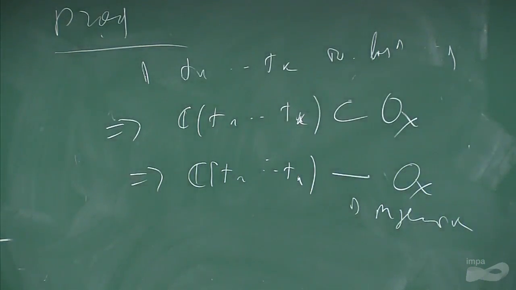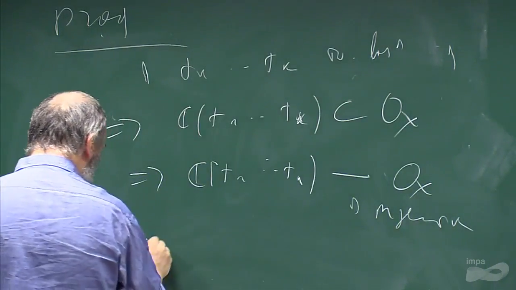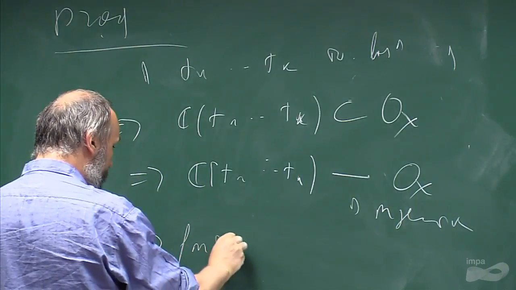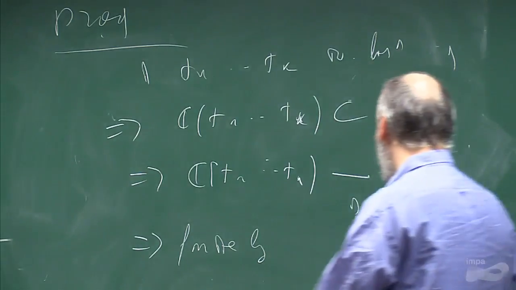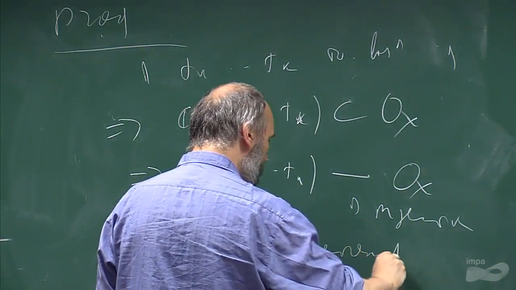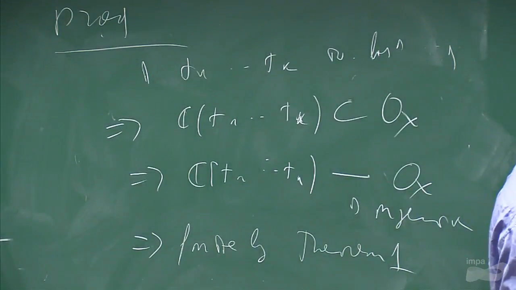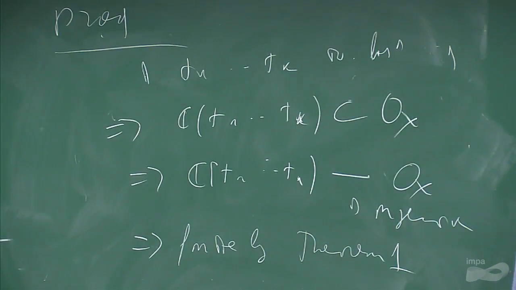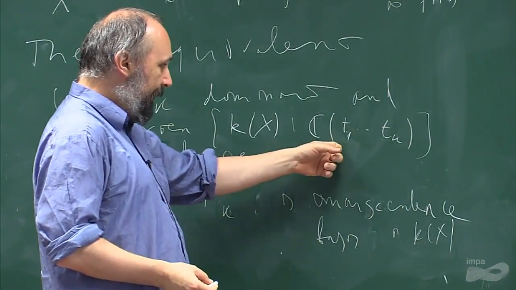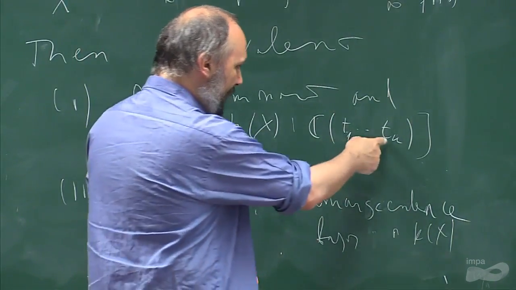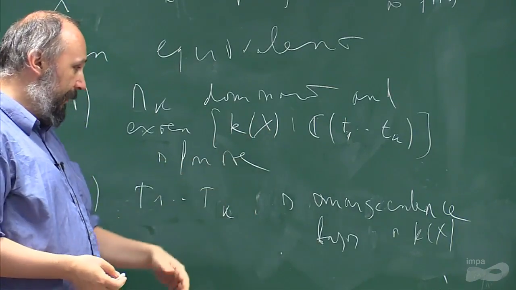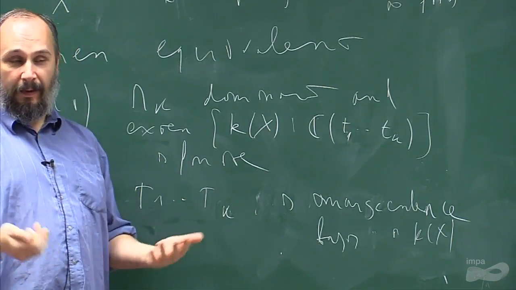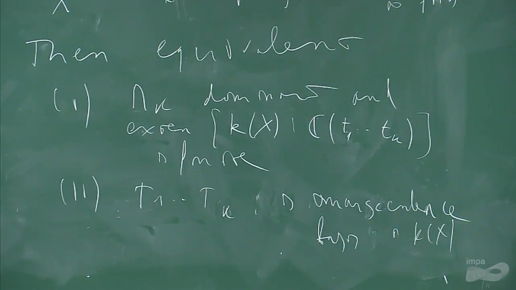This is precisely that this is dominant. And then it is finite, as we just proved, by theorem 1. So we proved that this implies this, and the converse is completely trivial: if this is finite, and they are algebraically independent, this means that it is a maximal algebraically independent subset. So the converse is trivial by definition.